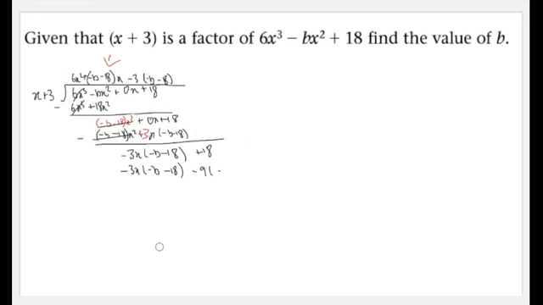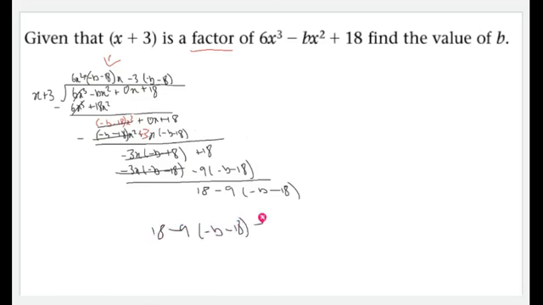Counting at 3, yep, minus 9. That's your so-called remainder. Because I know x plus 3 is a factor, that means 18 minus 9 minus b minus 18 is equal to 0.